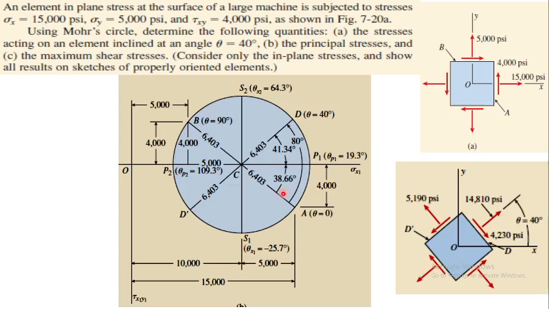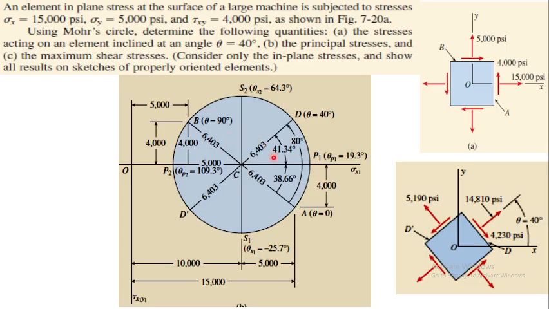Okay, so the other task at hand is to calculate the values. From this datum CA, theta P1 is 38.66. And if you look from the other point of view, what will theta P2 be? That is very important. So this is 38.66; remember, on the element it will be half of this, 19.33. Very important. And theta P2, from here, will be just adding 180.